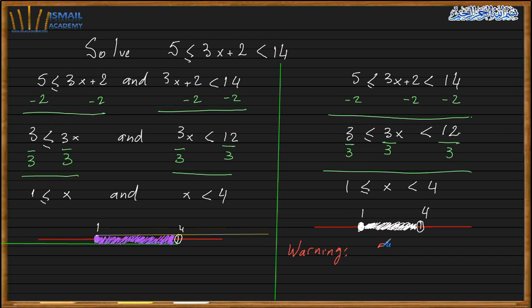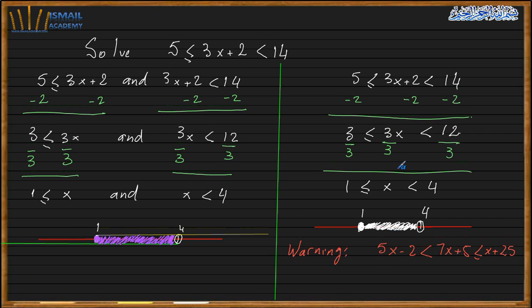So if I give you, for example, 5x minus 2 is something like that, a middle question, the best way to solve it is not with that method.